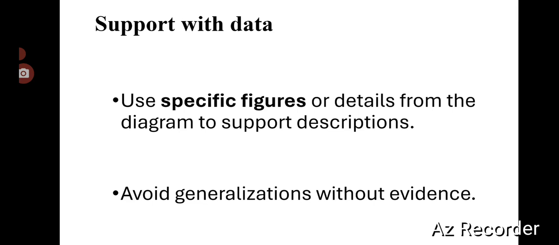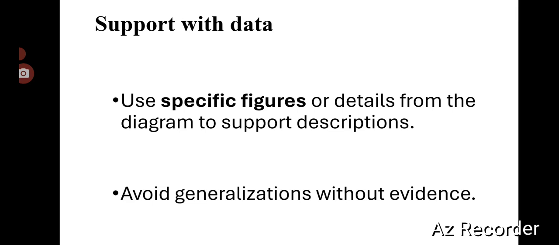Avoid generalizations without evidence. So don't just say unemployment in country X increased significantly. It increased from which figure to which figure and in which particular year. When you begin to mention figures, then you are giving evidence to whatever you are saying.